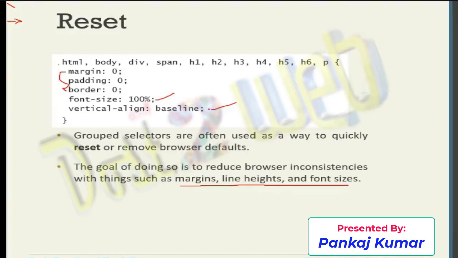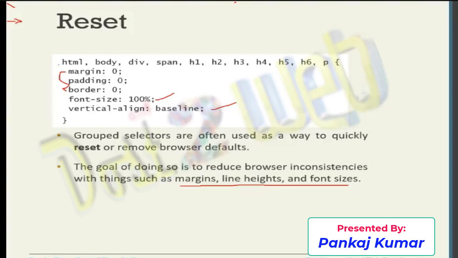Because, in another way, I'll tell you, every browser has some defaults that are automatically taken. Have you defined your font family or font size when you write the HTML? No, we are not defining. But the moment you open it, automatically we get the result, right? What does it mean?